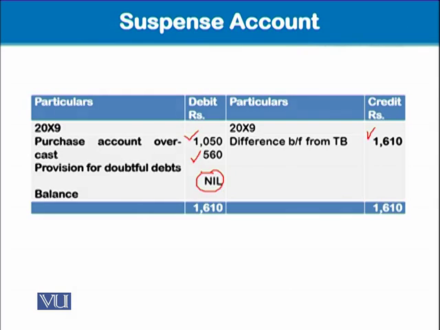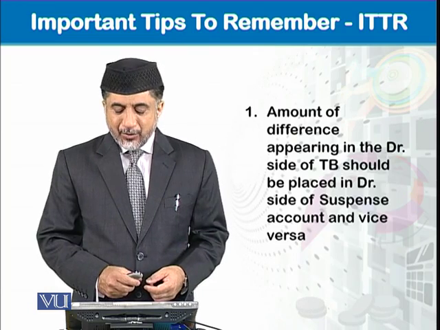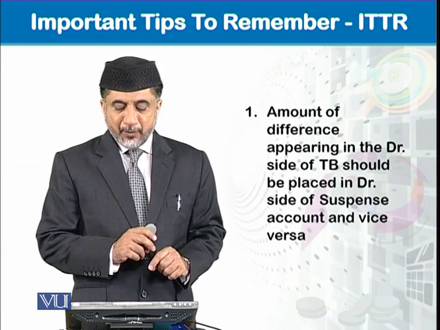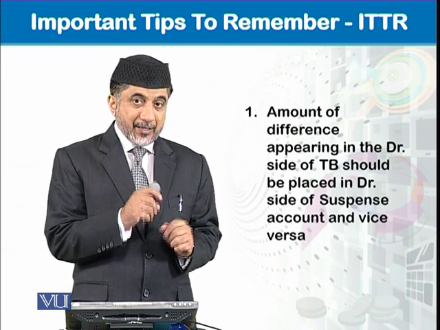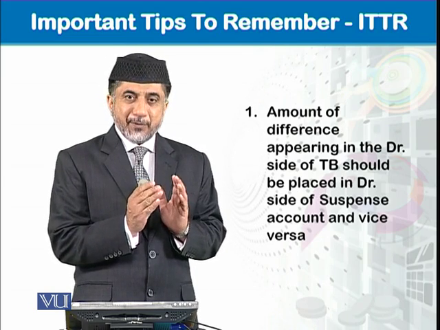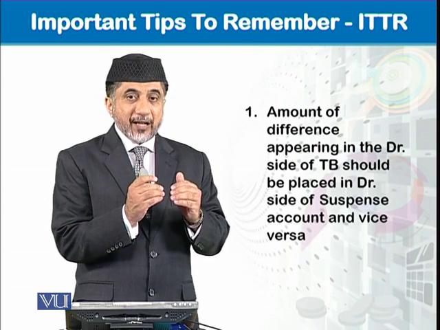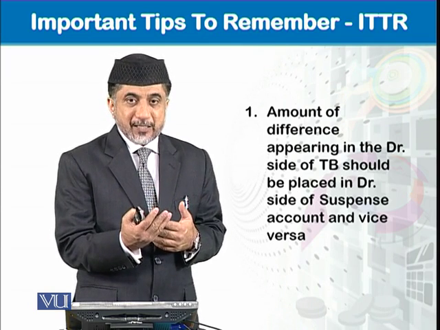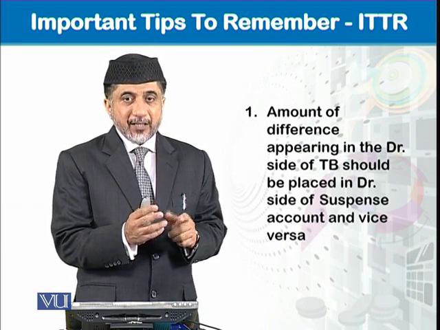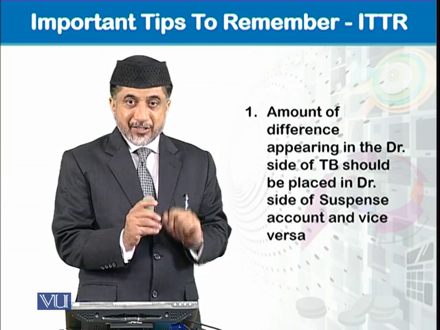So the important tips to remember in this module are that amount of difference appearing in the debit side of trial balance should be placed in the debit side of suspense account. And if it is appearing in the credit side of trial balance, it will be placed in the credit side of the suspense account at the time when we have to eliminate this suspense account. So the other accounting effects will be put in the suspense account, and the suspense account should be eliminated, giving us zero balance.